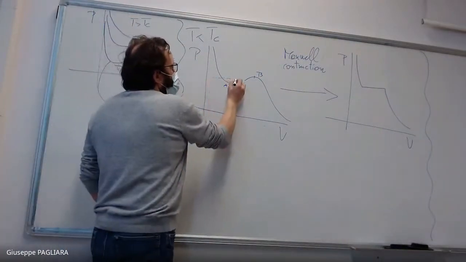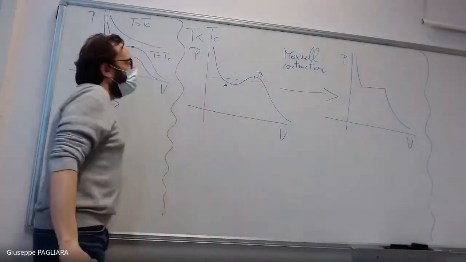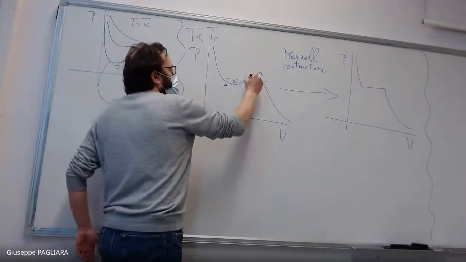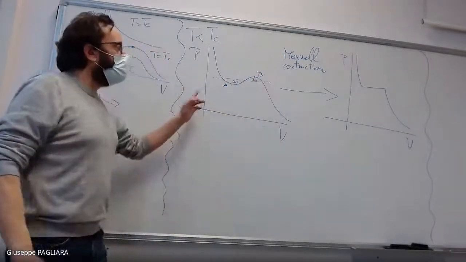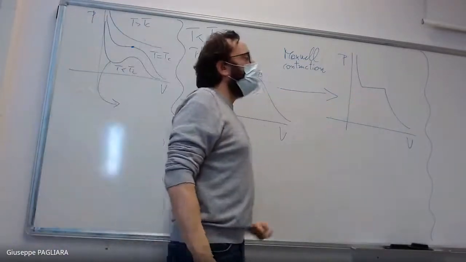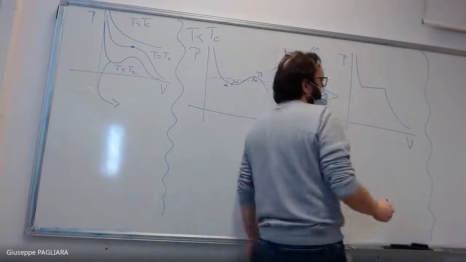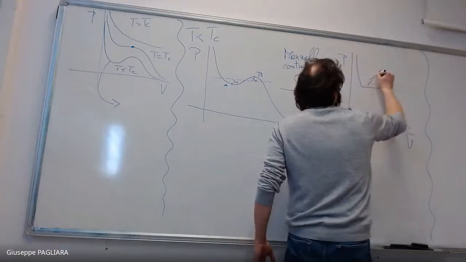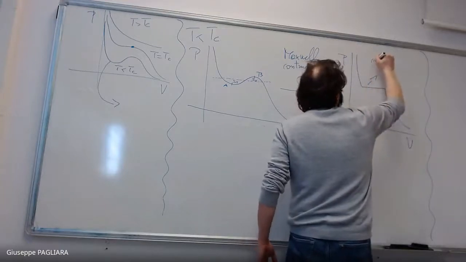So this pressure here, for which the areas S1 and S2 are equal, corresponds to the equilibrium pressure of the two phases in coexistence. Okay? So this is the plateau, the pressure that corresponds to the mixed phase.